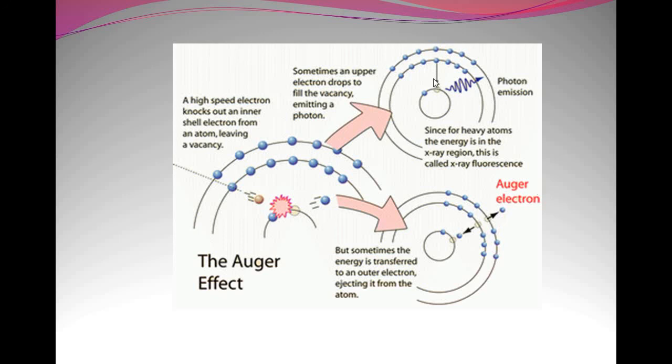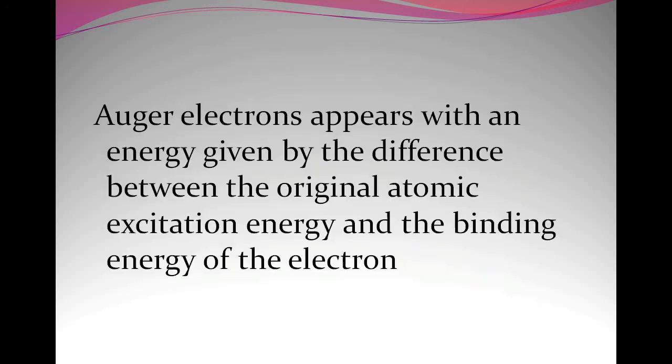So these are the two possible methods. Now you can ask a question: in a particular reaction, which is possible, X-ray emission or Auger electron? That we can explain in the next slide.